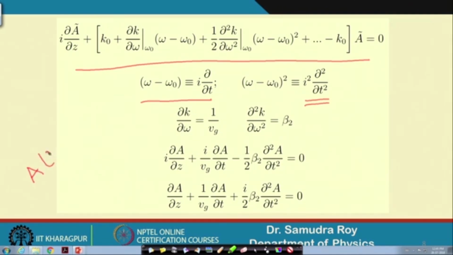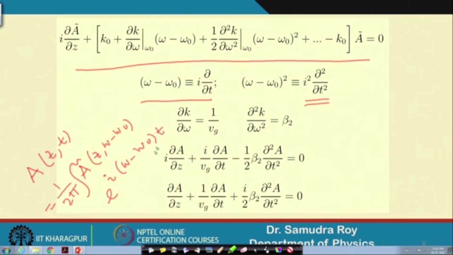So, A(z,t) was 1 by 2 pi integral of A tilde(z, omega minus omega 0) e to the power i (omega minus omega 0) t d(omega minus omega 0). So, it should be just d omega.